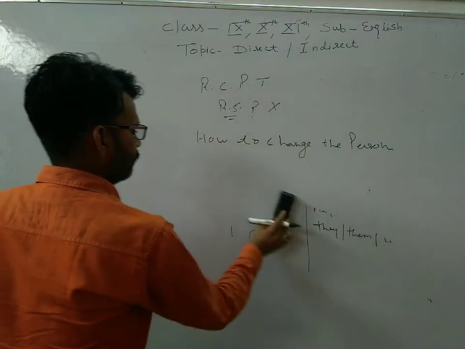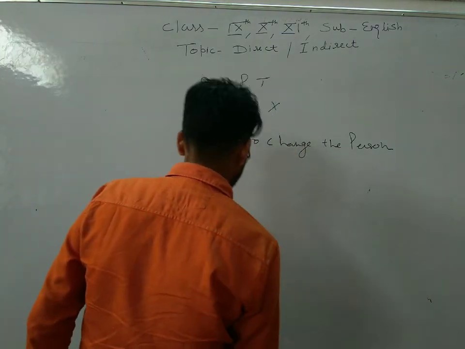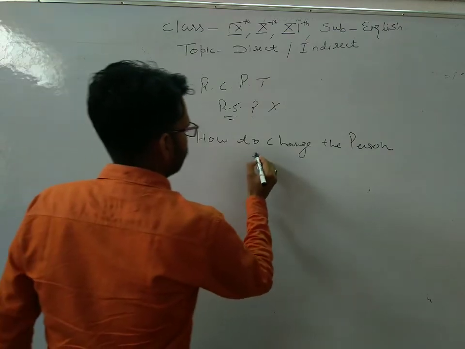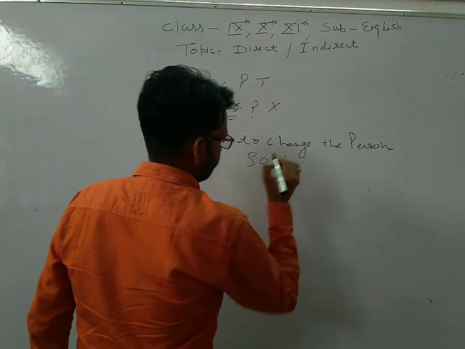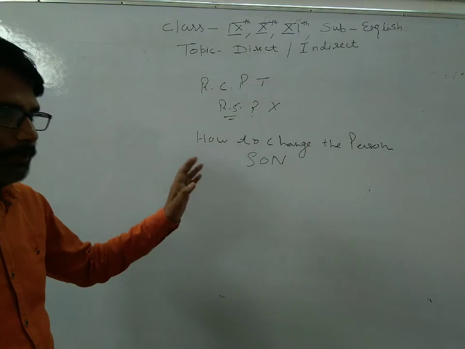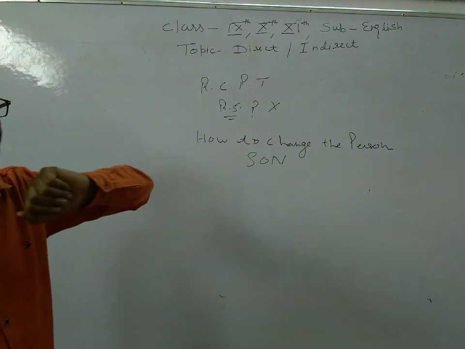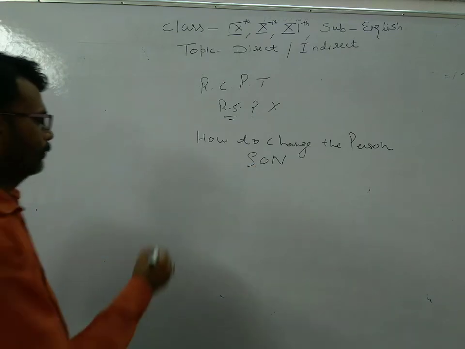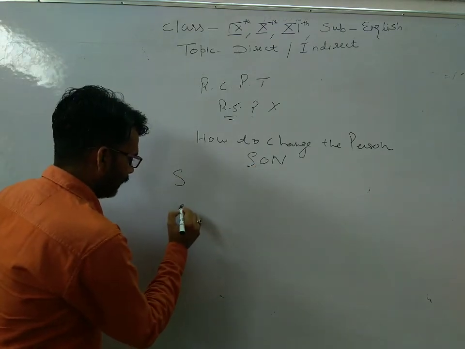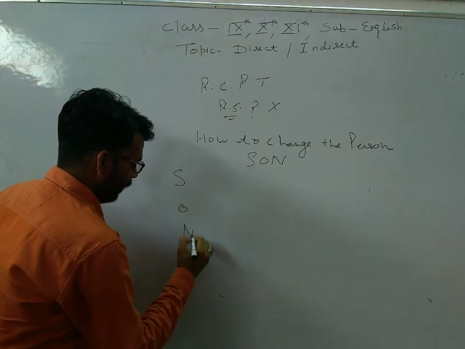I'm going to write it down on the board. Please note it. We have a rule, SON, to change the person. How do we have to change the person? We have to change the person according to a rule. We will write it like this: S-O-N.